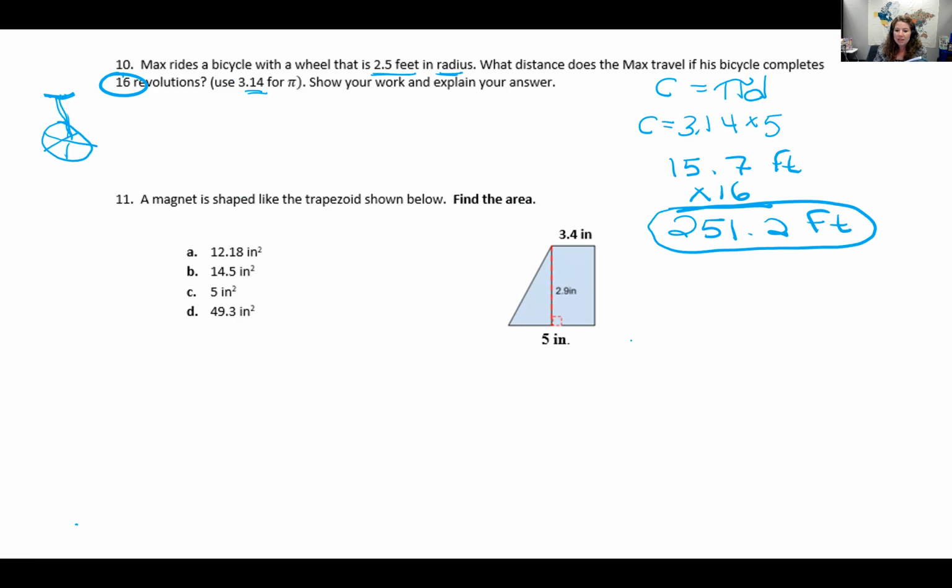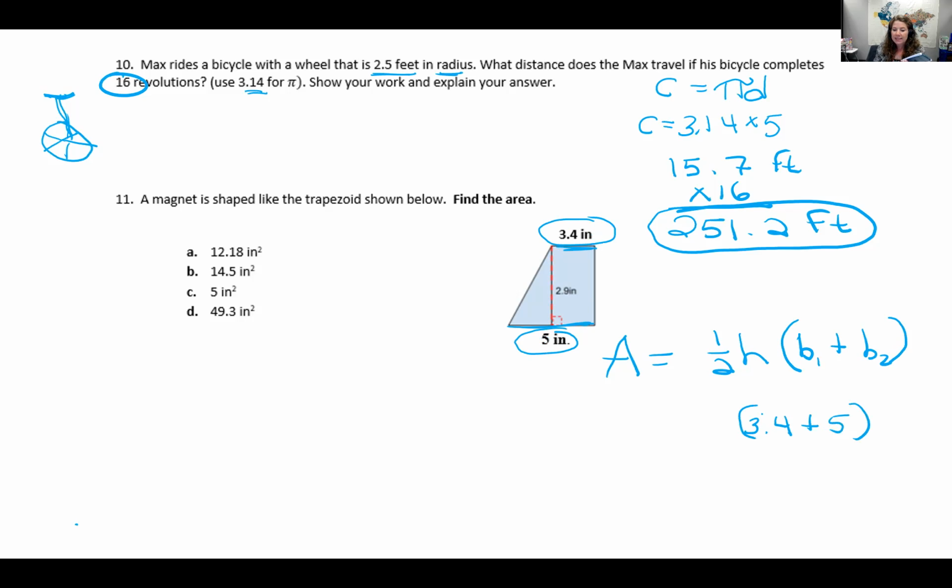All right, number 11 is a trapezoid. Our formula for a trapezoid is area equals half the height times the sum of the bases. The 2 bases of a trapezoid are always the parallel lines. Which 2 sides are parallel? The top and bottom. So these 2 are our bases. We say 3.4 plus 5, and then multiply the sum of our bases by half the height.